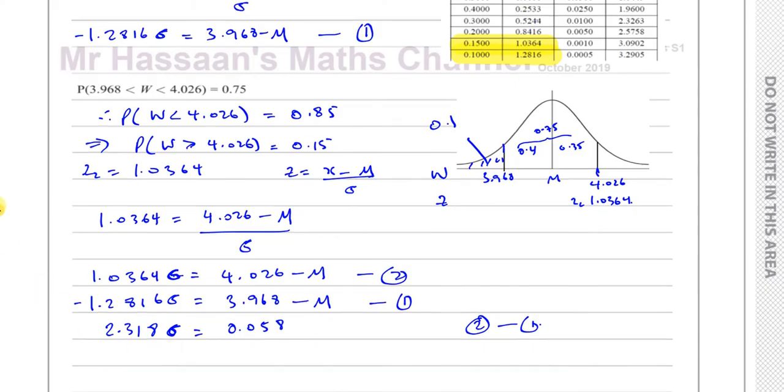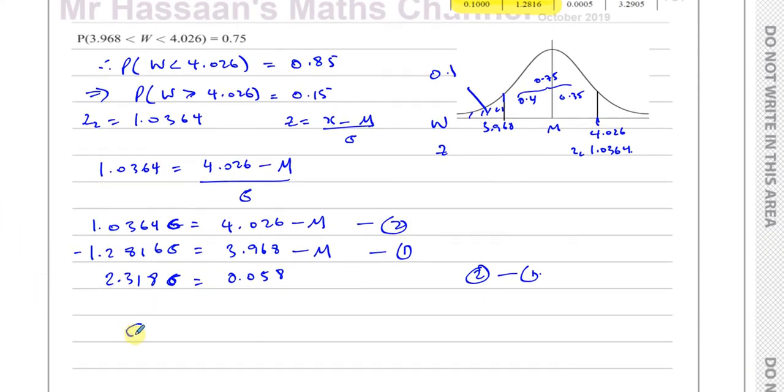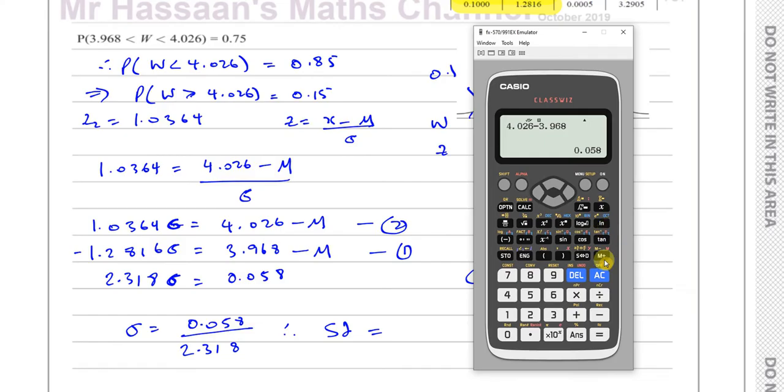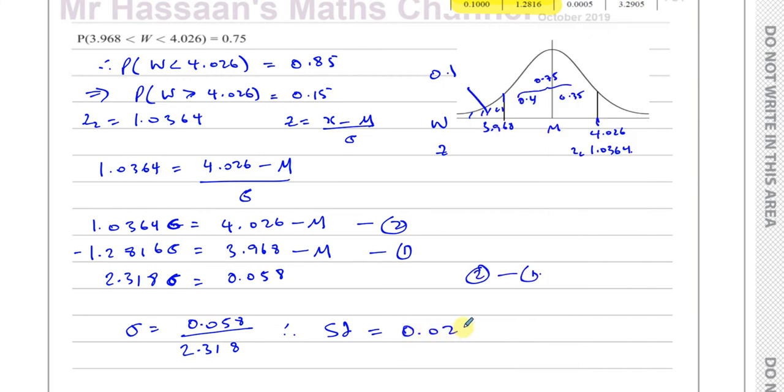So we can find the standard deviation: sigma is equal to 0.058 divided by 2.318, which gives us 0.02502, to 3 significant figures.